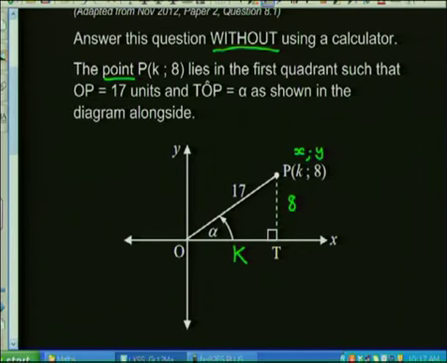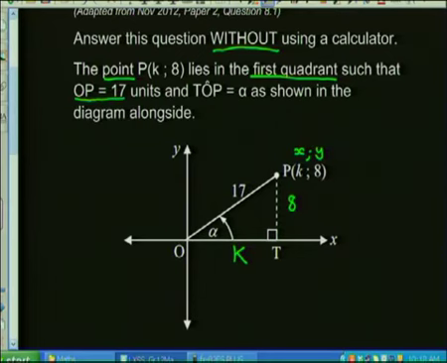They also tell us that the point lies in the first quadrant. When we are looking at trig questions, the fact that they tell us this lies in the first quadrant means that our angle alpha is an acute angle. They then continue to tell us that OP equals 17 units.